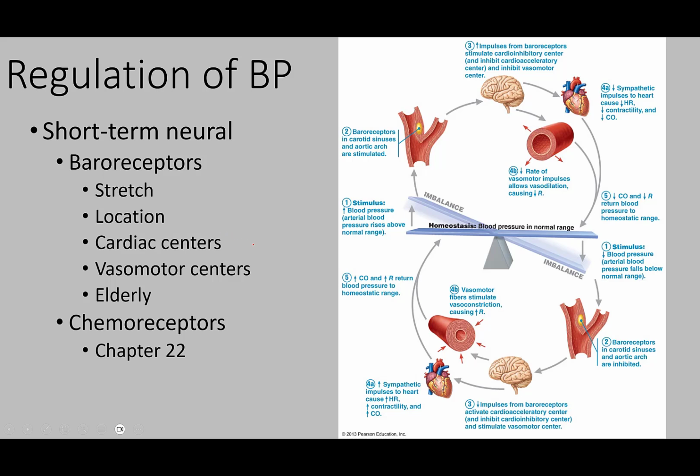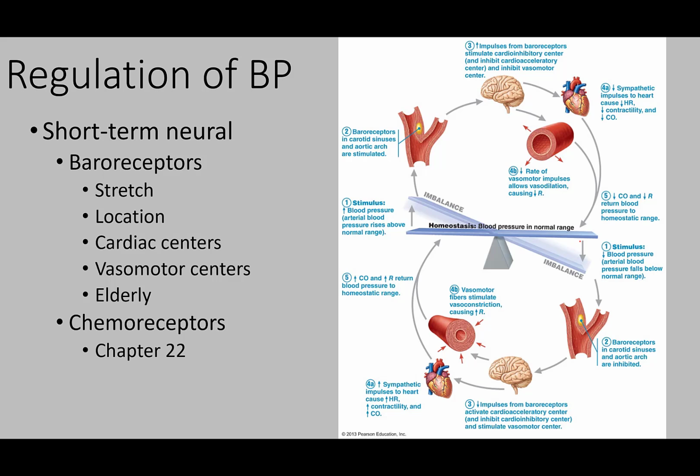So those cardiac centers are activated, and something called the vasomotor centers that affect vessel diameter are activated. If your blood pressure is up, then we're going to lower heart rate, and we're also going to lower contractility. Both of those things will lower cardiac output. We're going to cause vasodilation, which lowers peripheral resistance. The ultimate thing that happens is blood pressure drops back to normal.